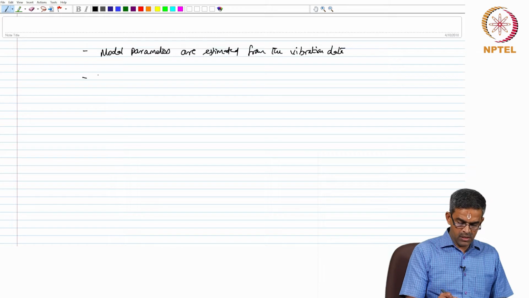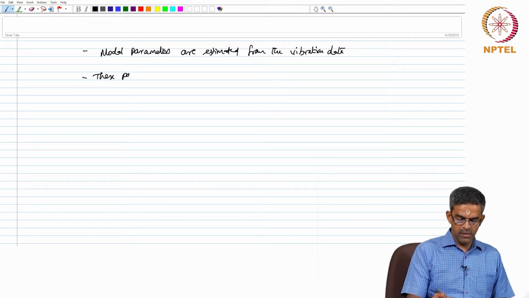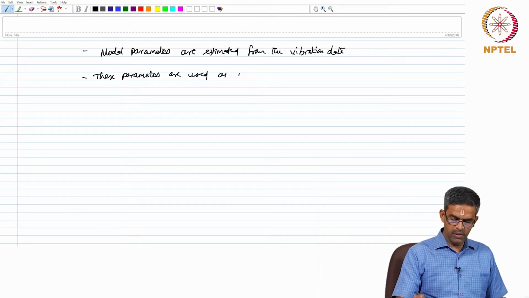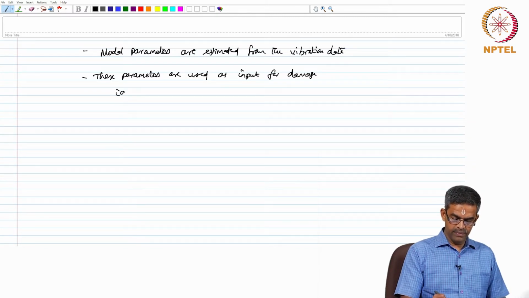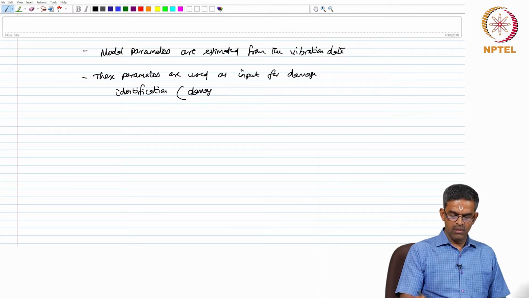Now, these parameters are used as input for damage identification. Or we can also call this damage detection.